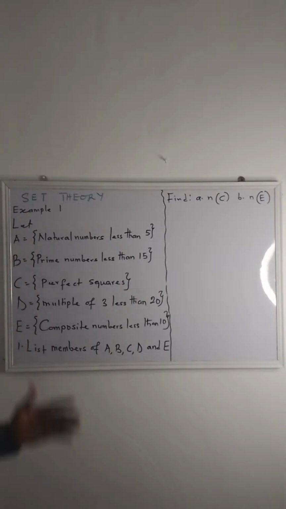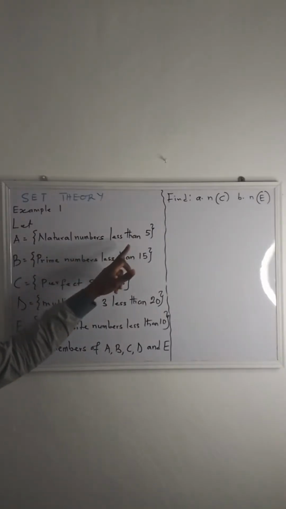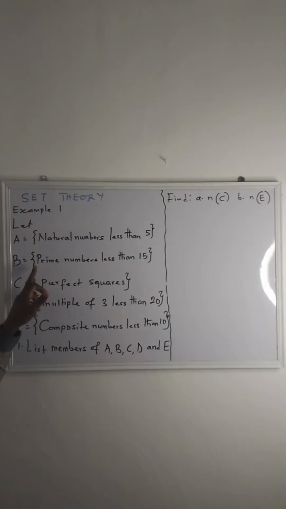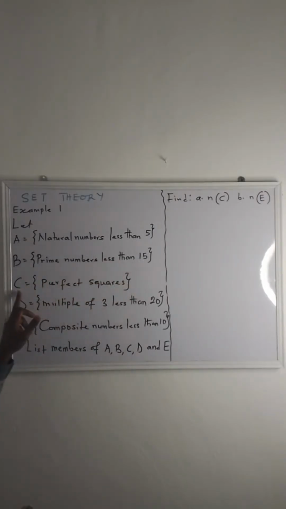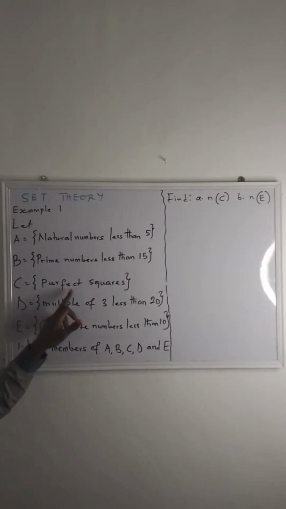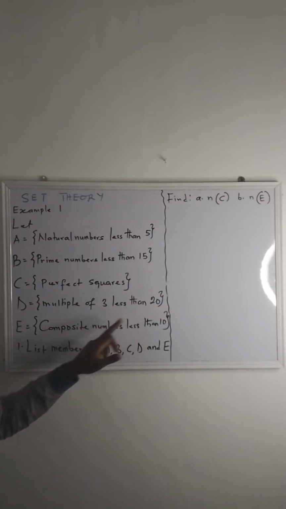Okay, the first question we have here: let A be the set of natural numbers less than 5. B, the set of prime numbers less than 15. C, the set of perfect squares. D, the set of multiples of 3 less than 20.